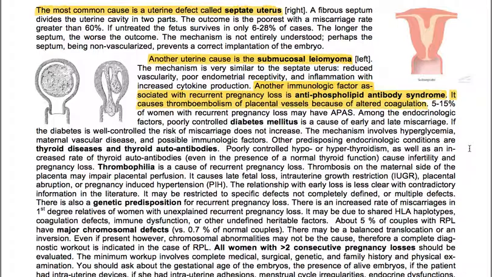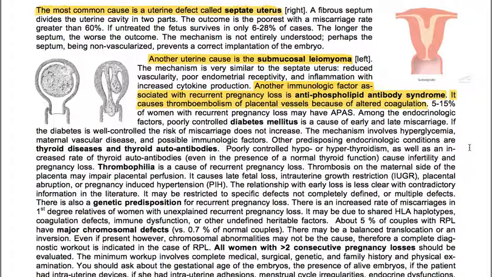There is also a genetic predisposition for recurrent pregnancy loss. There is an increased rate of miscarriages in first-degree relatives of women with unexplained recurrent pregnancy loss. It may be due to shared HLA haplotypes, coagulation defects, immune dysfunction, or other undefined heritable factors.